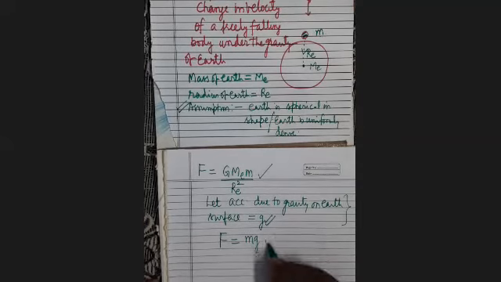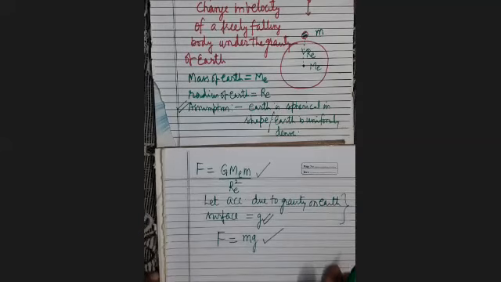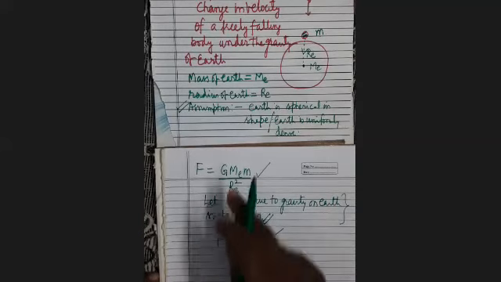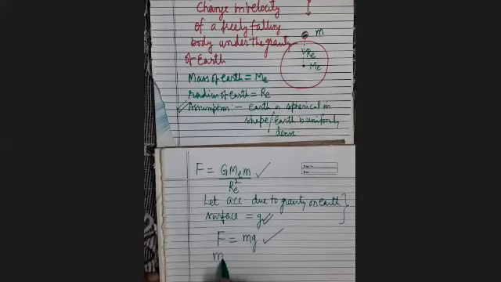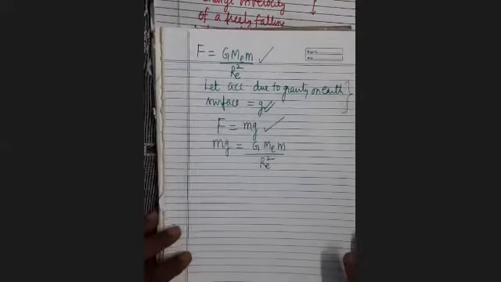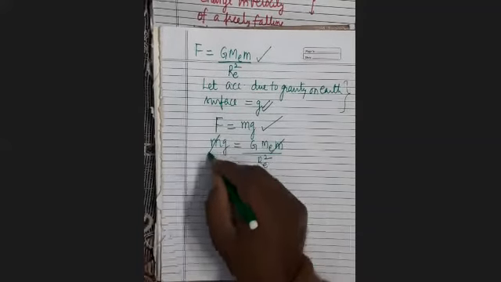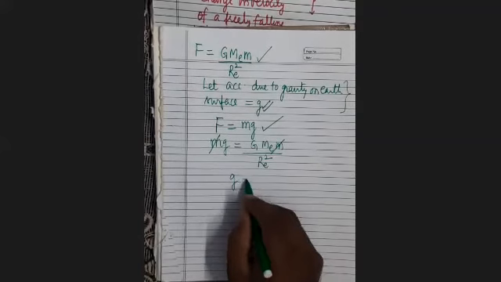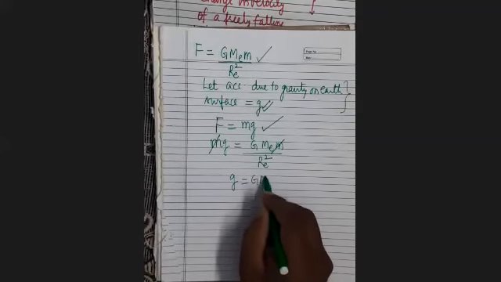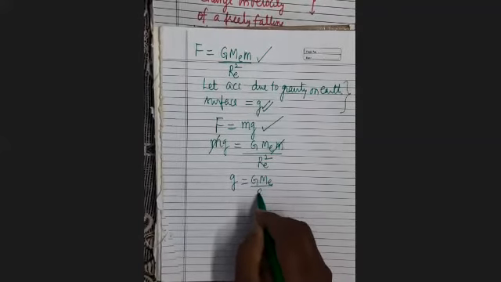Now these two forces will be equal, means m g equals G M_E m upon R_E square. You can cancel m on both sides. So you will get g equals G M_E upon R_E square.